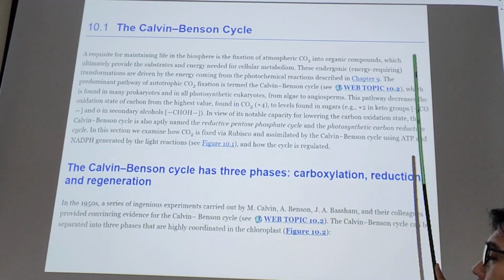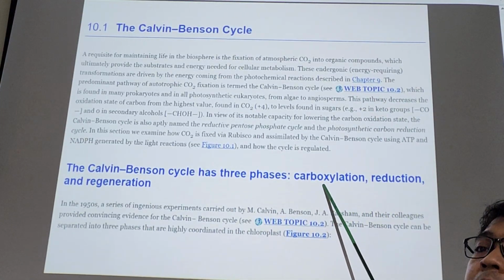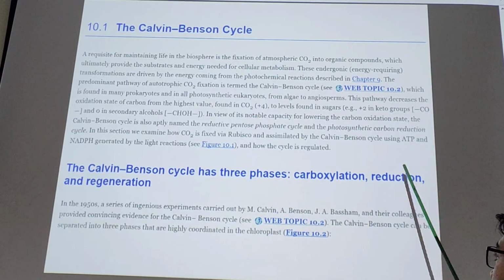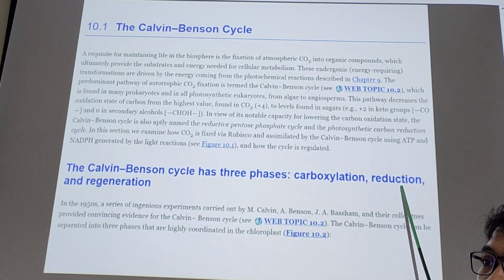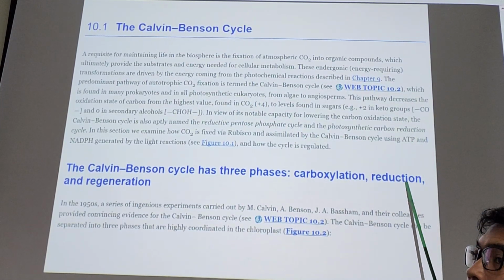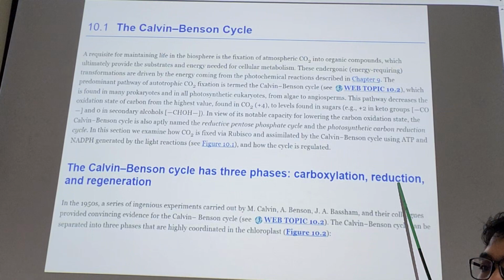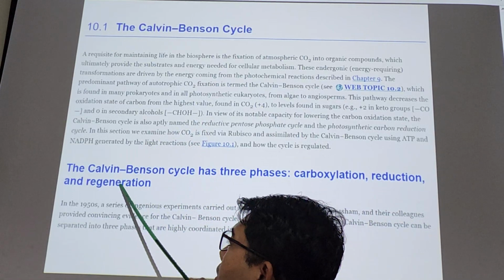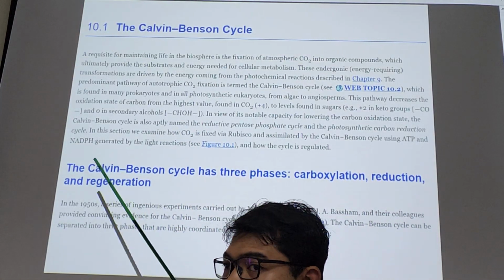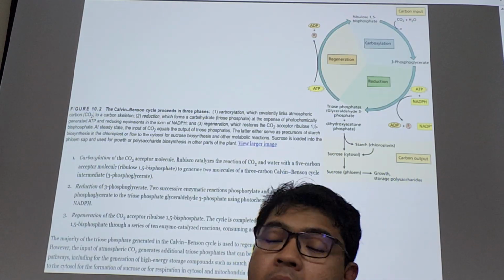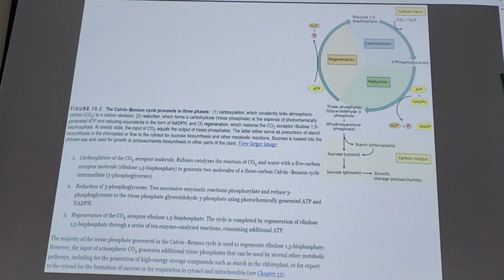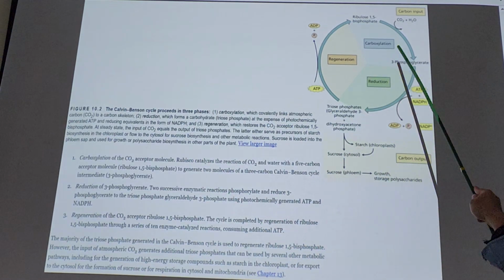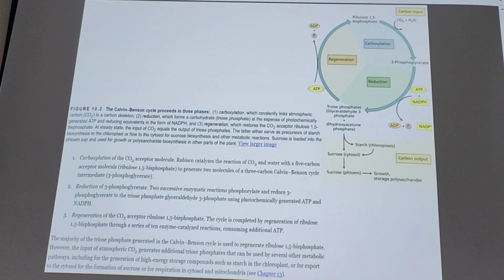These 3 phases are carboxylation, or carbon fixation, followed by reduction, meaning you change the molecule of the cycle by allowing it to receive extra electrons, and then regeneration of the whole thing. In terms of the cycle, it looks something like this. Very easy, 3 phases. However, the detailed story for each of these is what's going to make people cry.